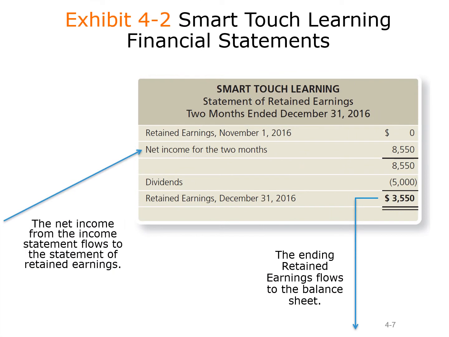Here we started with the retained earnings beginning balance, 0, and net income for the 2 months, and then we subtract dividends, which is the distribution of profit, and we reach the retained earnings at December 31 of 3,550, and this will move to the balance sheet.